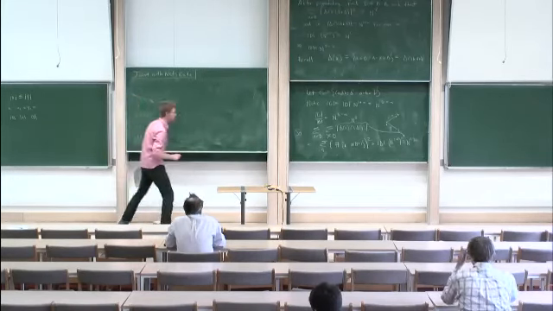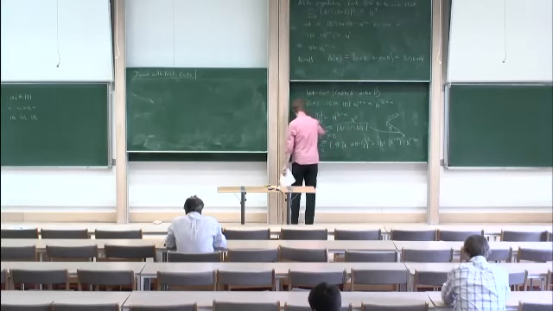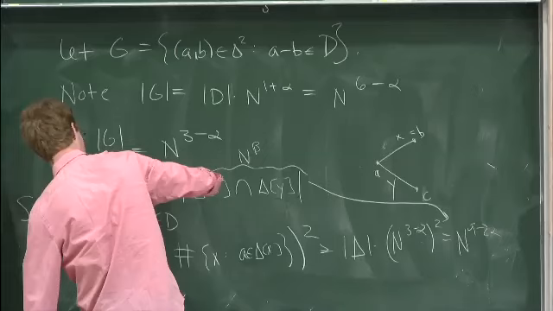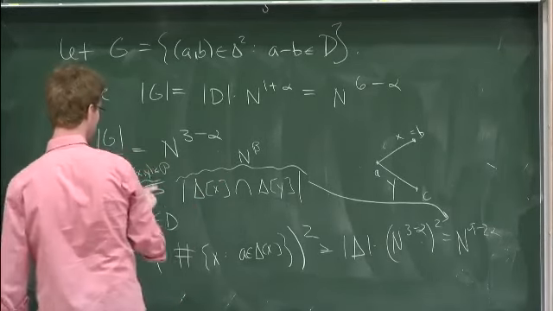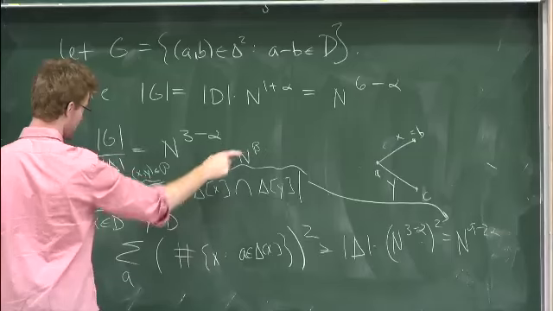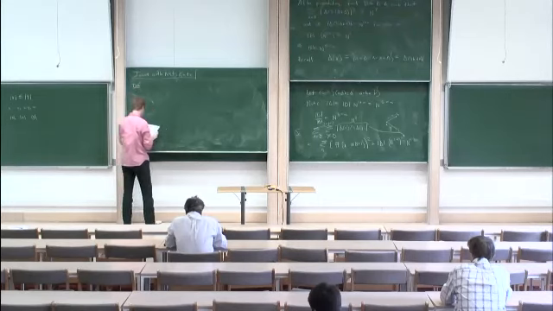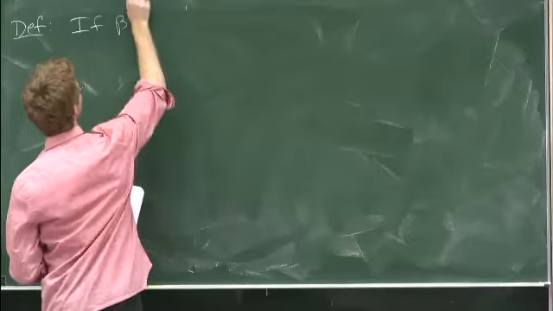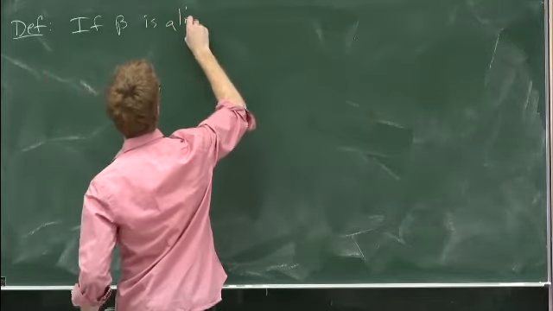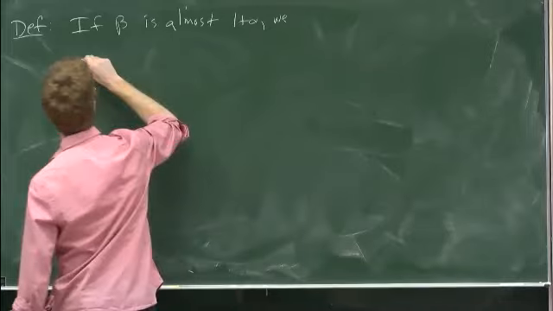Okay, so by pigeonholing we find some beta, and then we actually can restrict our sum here to a set of all x and y in a certain set of pairs such that this number is equal to n to the beta. Okay, so the definition is if beta is almost 1 plus alpha, we say we have comity.